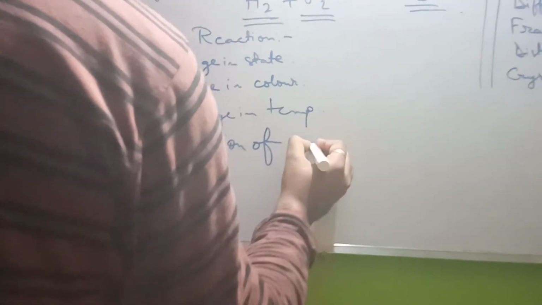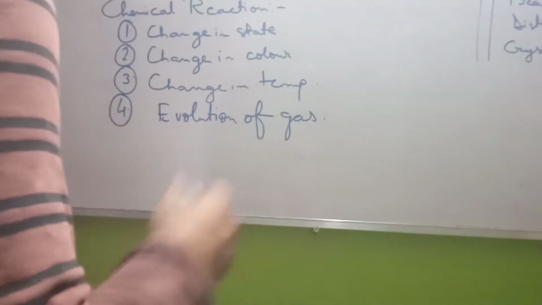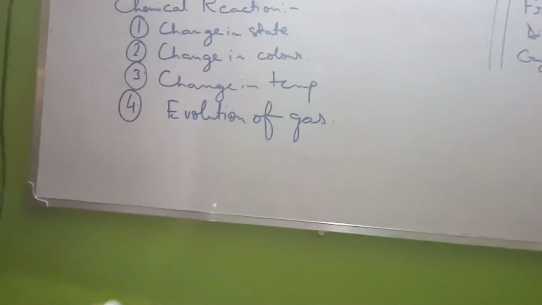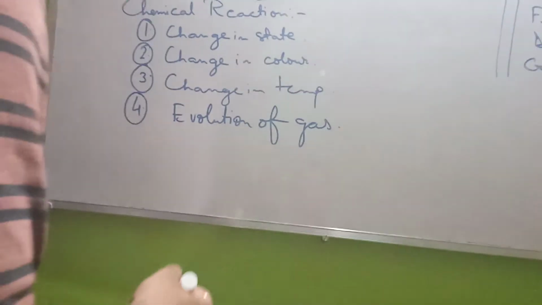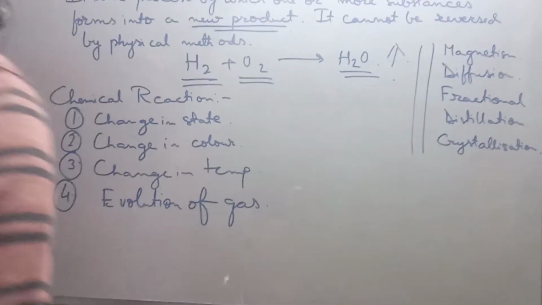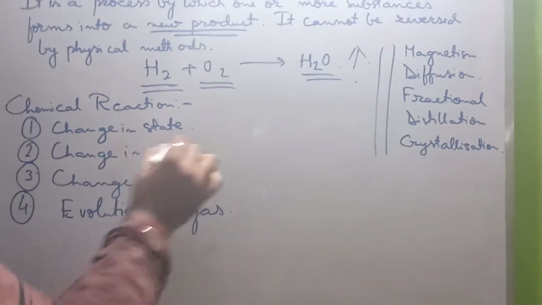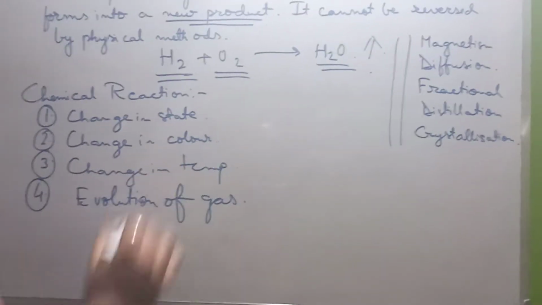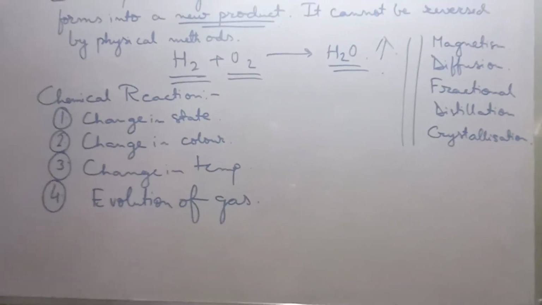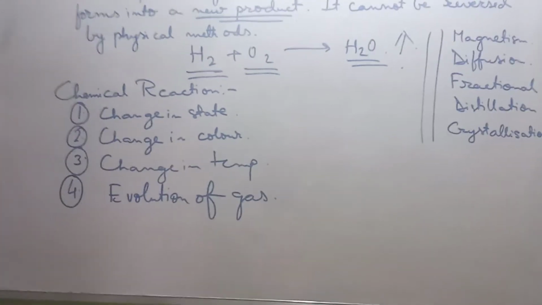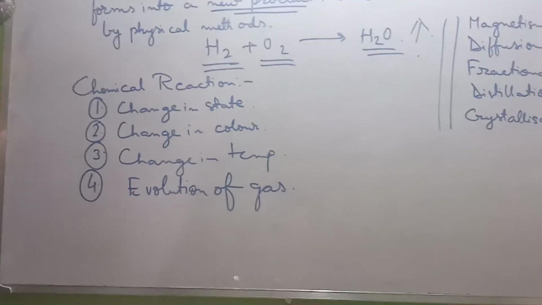In most reactions, at the end we give an arrow sign, and this arrow indicates that the gas is being released from the reaction. So these are the 4 factors: change in state, change in color, change in temperature, and evolution of a gas, that we normally see in a chemical reaction.